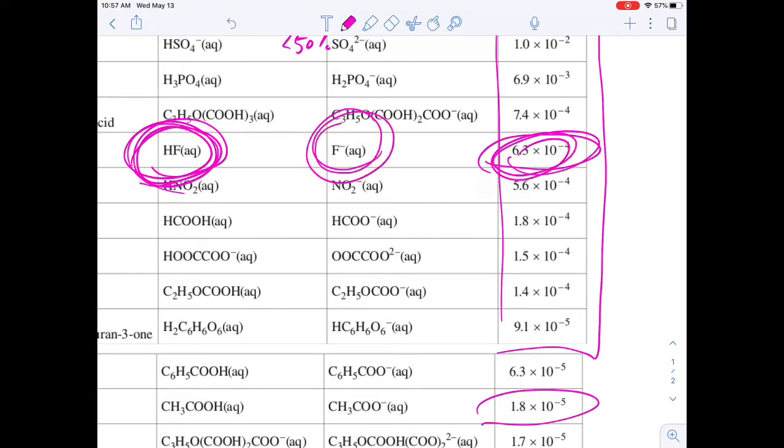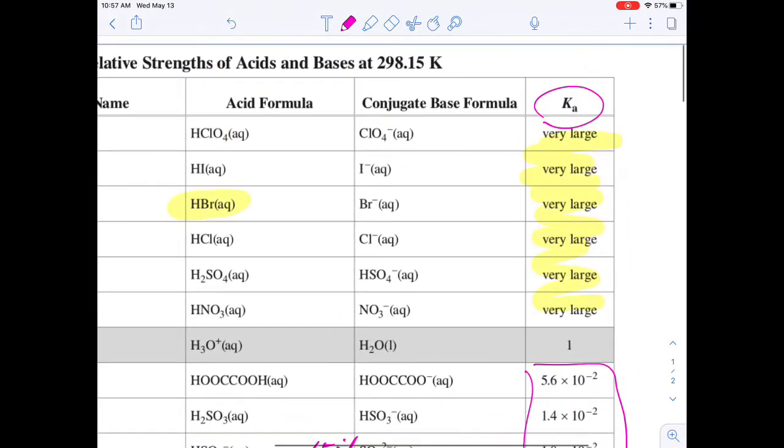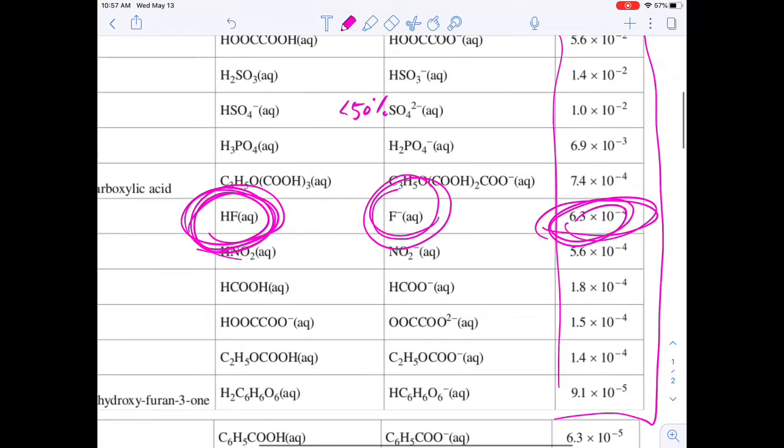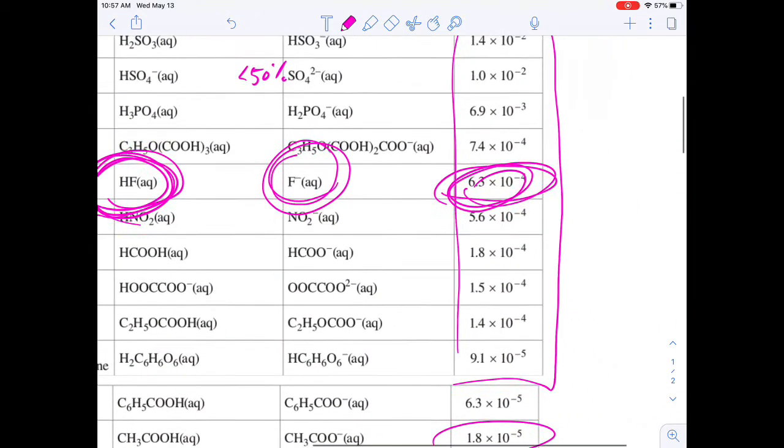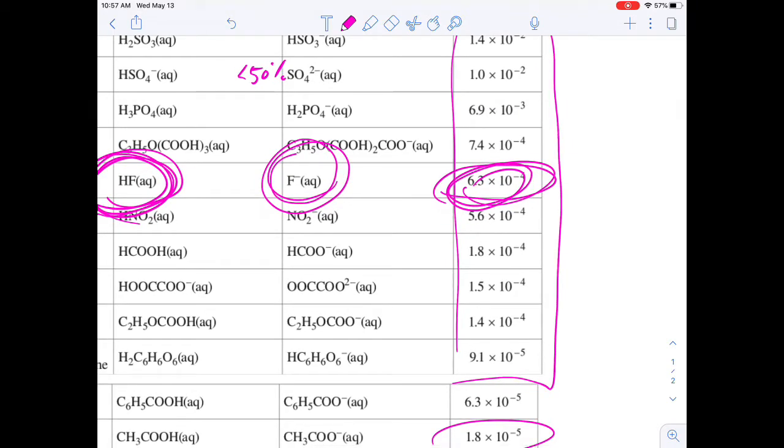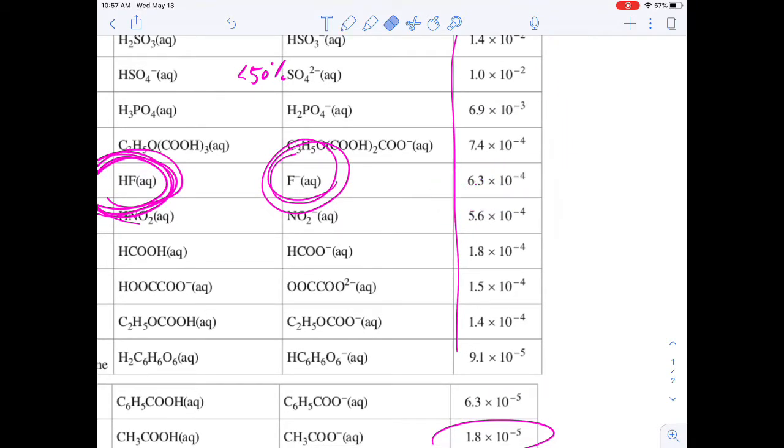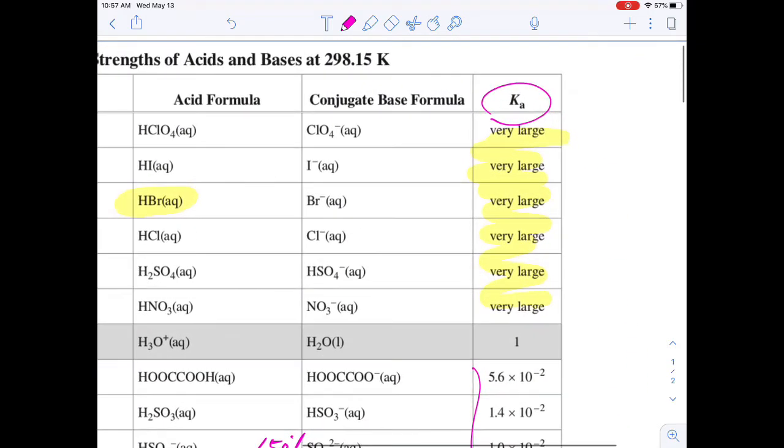The conjugate base for hydrogen fluoride is fluoride ion, and the Kb can be calculated. But the Kb is going to be for the entity that's listed as the conjugate base. The Kb almost should have its own column, right?